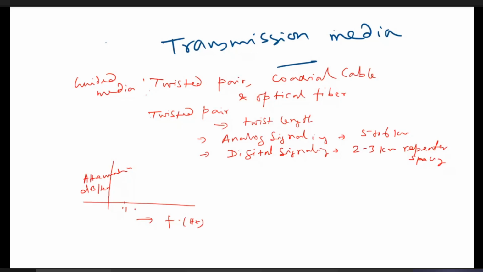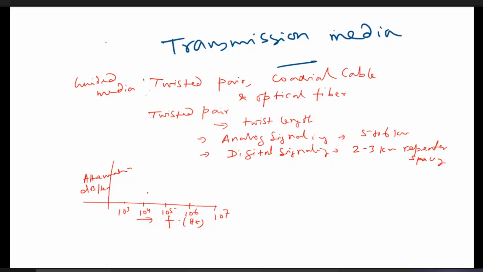Let us say it starts from kilohertz: 10 to the power 3, 10 to the power 4, 10 to the power 5. Here it is 1 megahertz, 10 to the power 6, and higher frequencies 10 to the power 7.